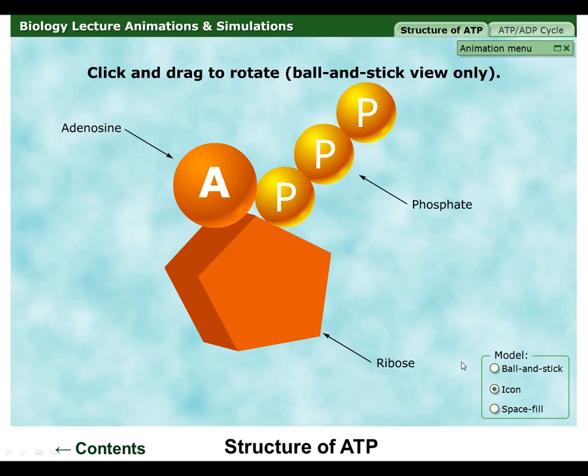And you know that like charged particles will do what with one another? If I have two positive magnets, and I try to push them together, will they attract? They actually repel, they oppose one another. So this is what's happening here. We have these negatively charged phosphate groups.